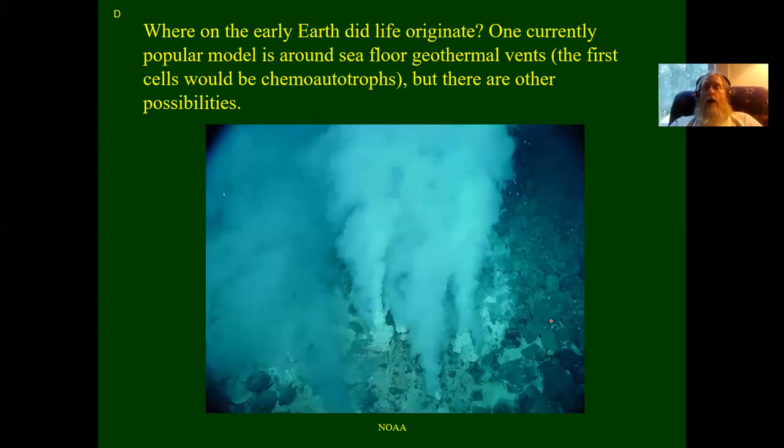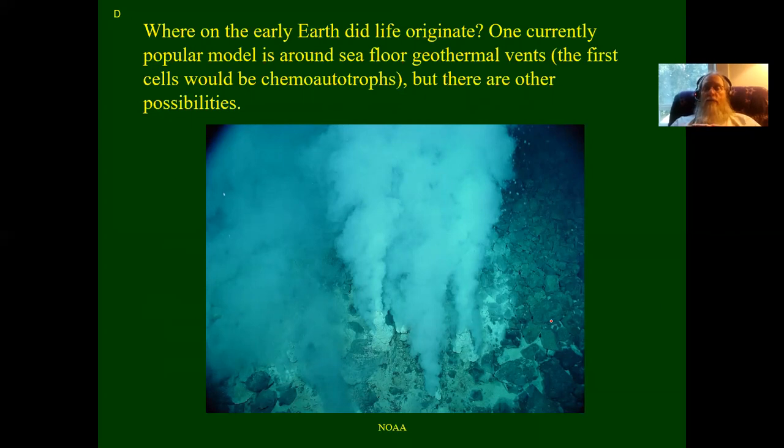Now, where did the first life on Earth occur? Well, one popular model, and there are other options, is on the ocean floor, where you have geothermal vents. So basically low-level volcanic activity where you have heat and so therefore energy and a wide variety of minerals. So you've got a lot of chemicals available for doing chemical reactions.